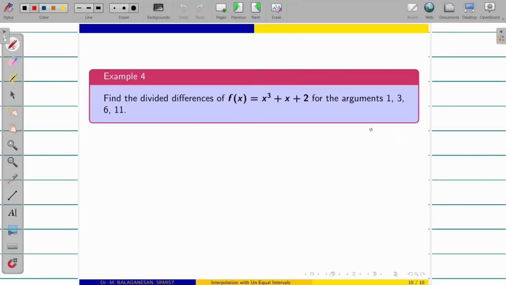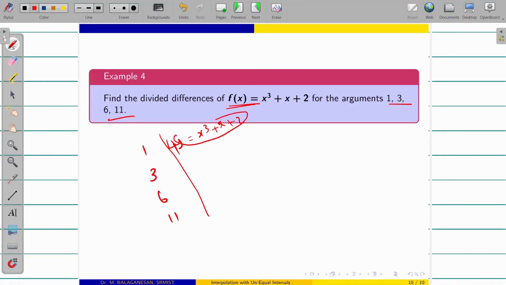In this, look at that. This is the y value. These are all x values. So x values are 1, 3, 6, 11. And y you have to find. It is x cube plus x plus 2. So in that, replace x by 1. What will we get? 1 plus 1 plus 2, so the y value will be 4 for this.